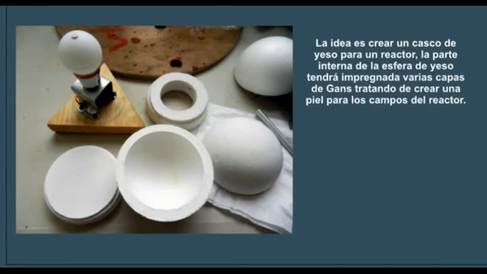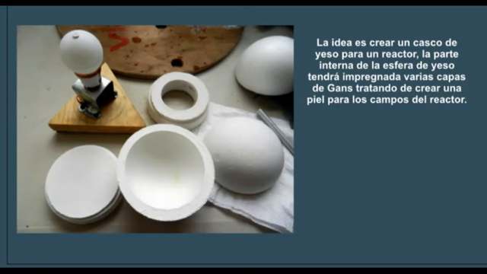Si recordamos, por ejemplo, las radiografías, lo que podemos ver son los huesos, porque estos rebotan ciertos campos de los rayos X. Entonces, mi idea es emular esta misma estructura.